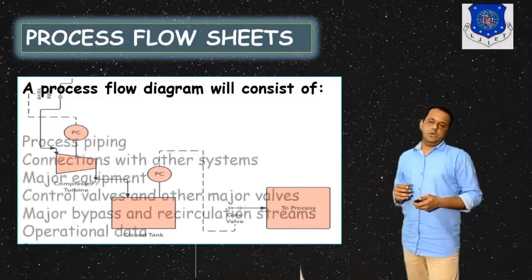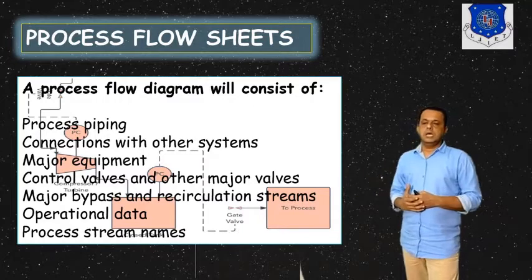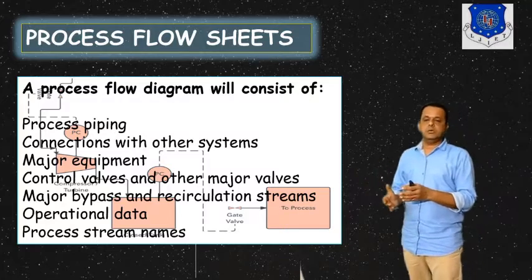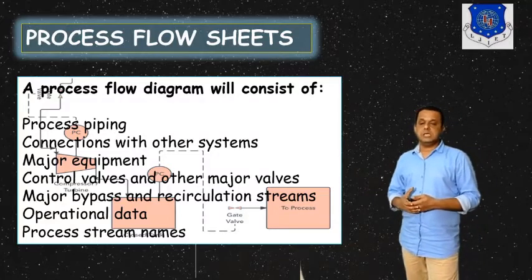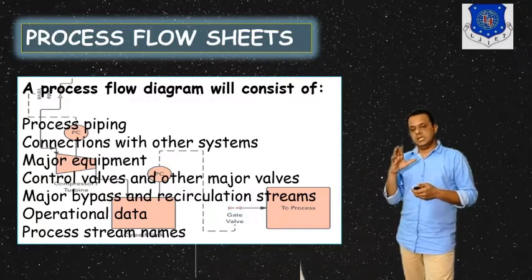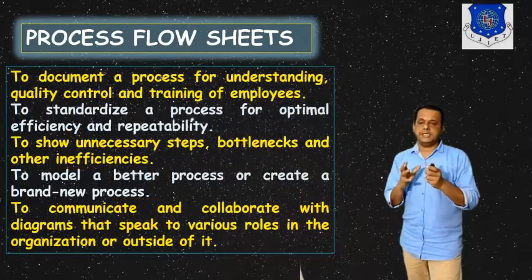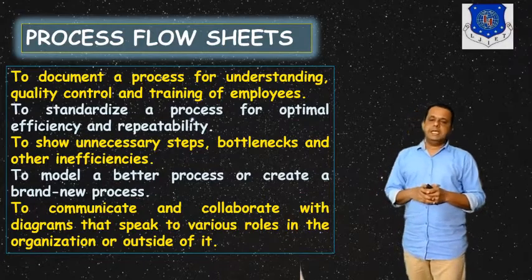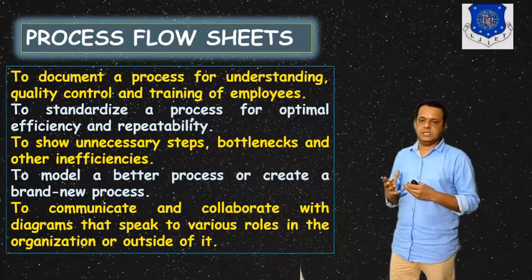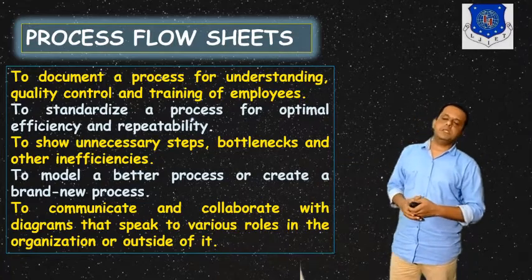It will consist of piping, process piping, connections with other systems, major equipment, like here you saw the turbine and tank, going to the other process, major bypass and recirculation systems, operational data and process stream names. It is for understanding, training and quality control purposes, and it shows the necessary steps, bottlenecks or other inefficiencies that we need to take care of from the very first step while creating the document.